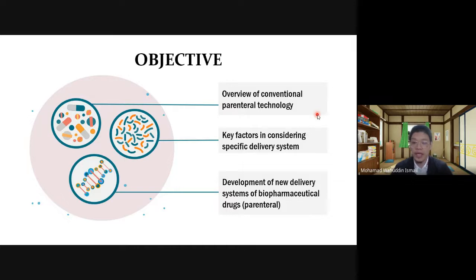The choice of a parenteral drug delivery system is made to ensure that the drug will reach a specific drug target area via the blood and lymphatic system. So that's why we choose this kind of delivery application.